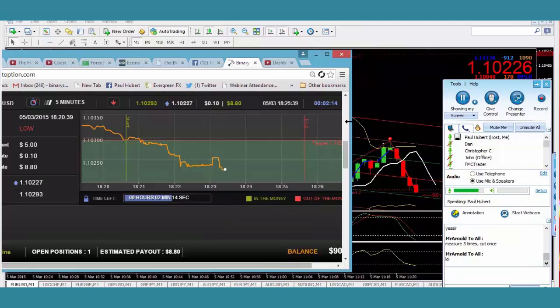Coming up on 2 minutes and 10 seconds. Looking fairly sporty. I didn't plot it on the chart. We all know where we took it. Measured 3 times, cut once. That's correct. I like the analogies, Mr. Arnold.